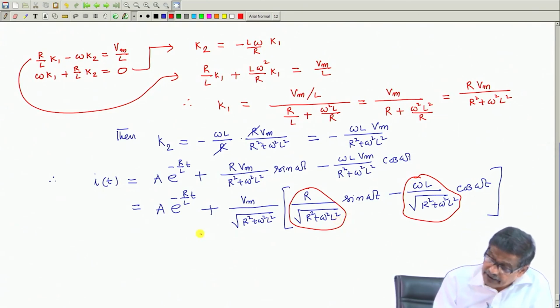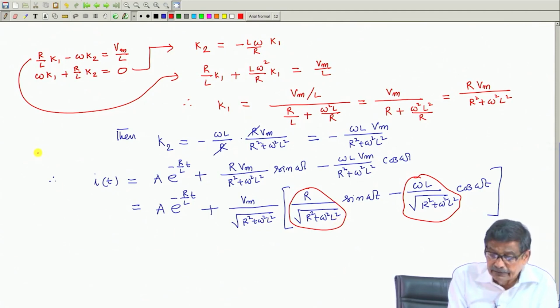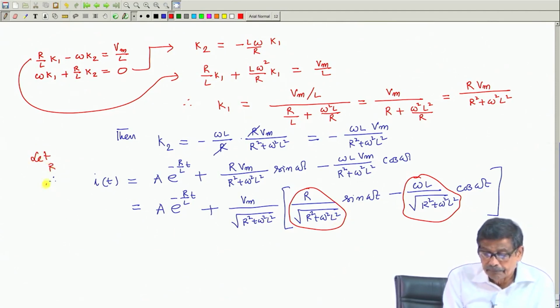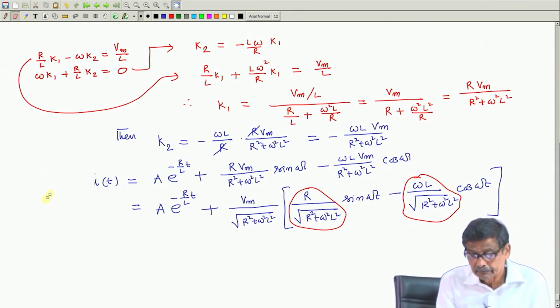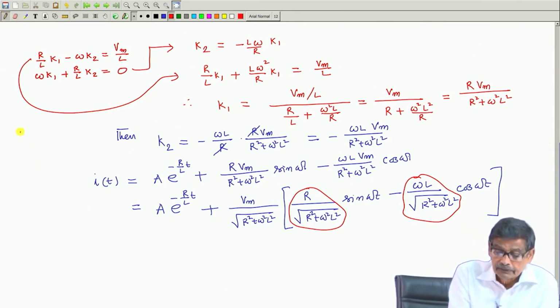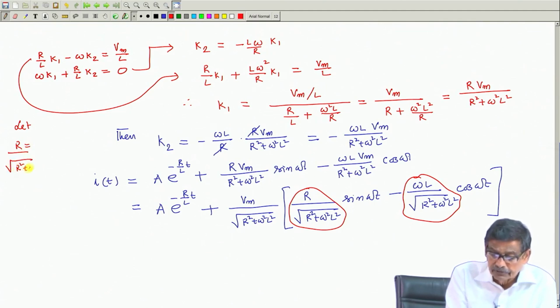Therefore, I can define, let R by root over R square plus omega square L square as cos theta.